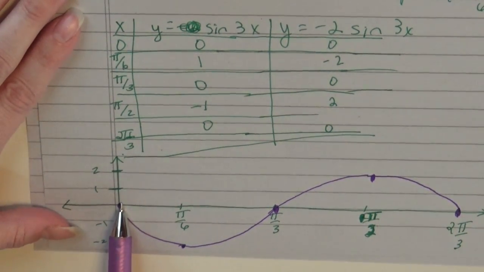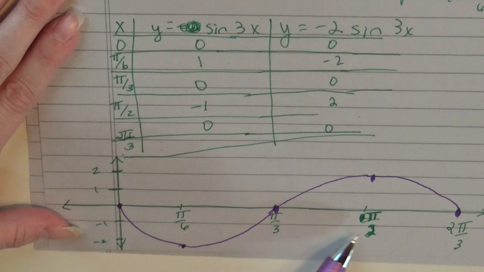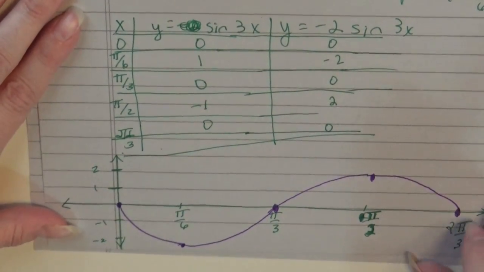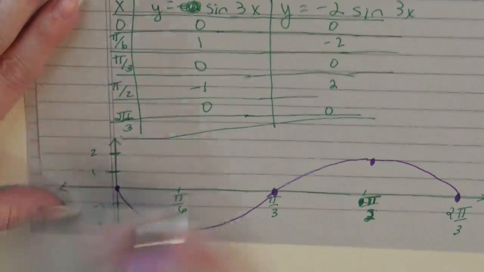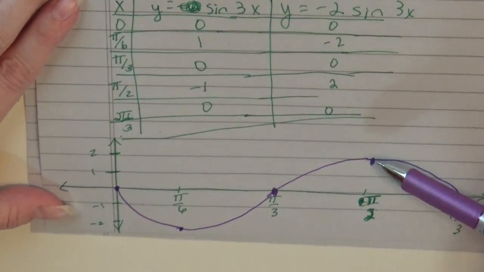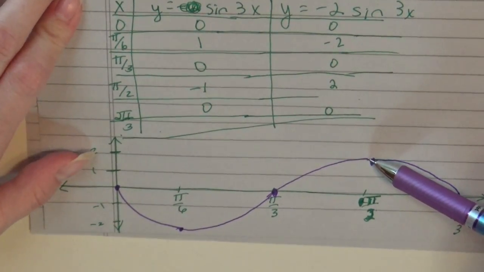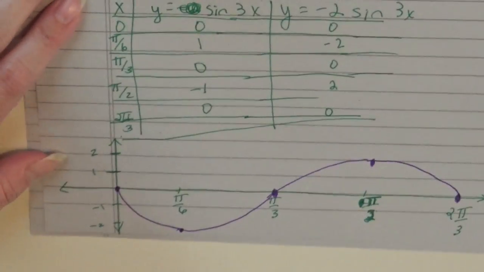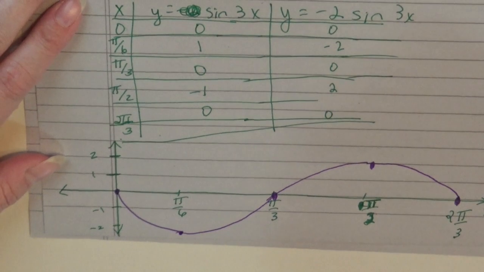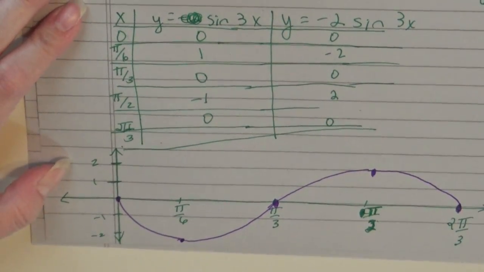Whereas it originally would have gone this way, it's been reflected across the x-axis. But this is our function. So our amplitude is 2, because the max is 2, min is negative 2. Our period is 2 pi over 3. And that's what our graph looks like. So that was example 4.